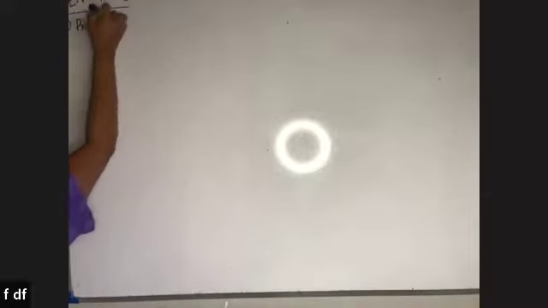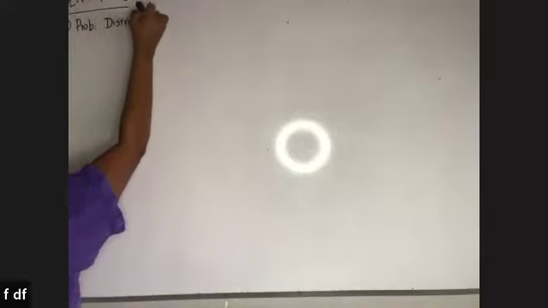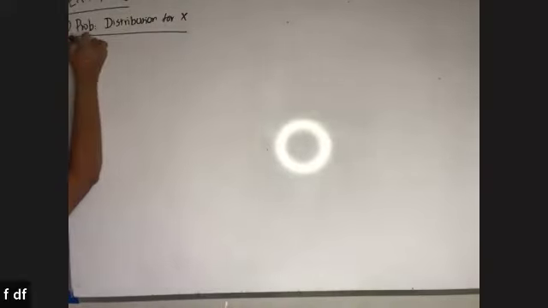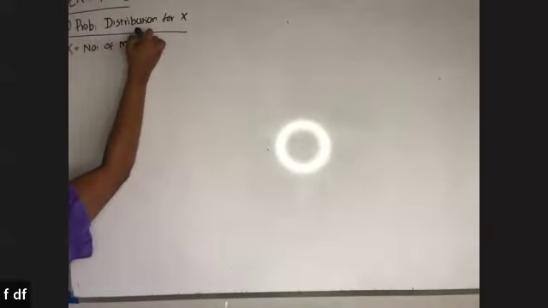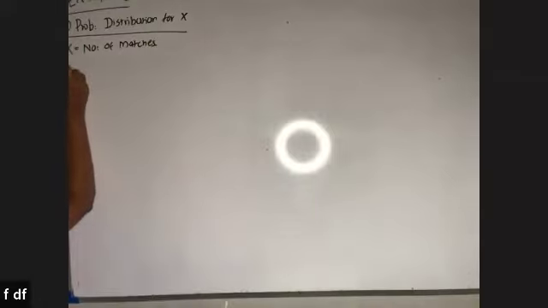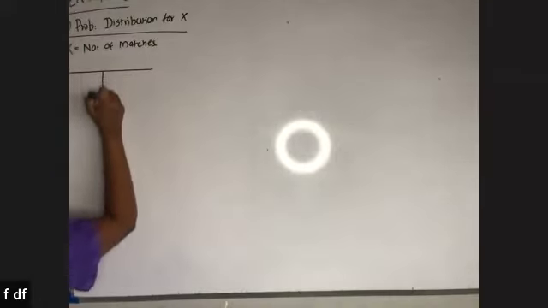So the probability distribution for X, where X is the number of matches. Now we can construct our probability distribution, X and P(x).